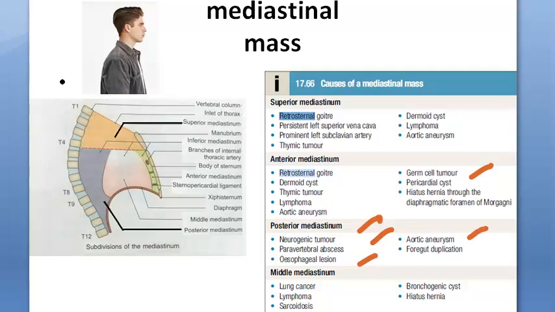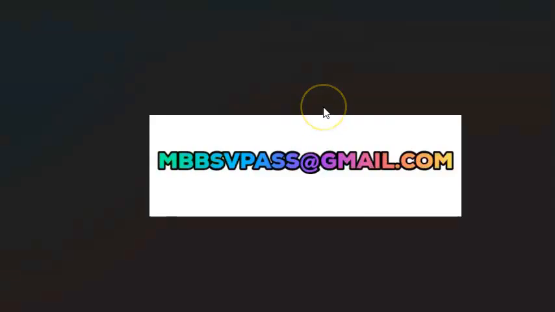Then foregut duplication, some cancerous lesion, sarcoidosis, hiatus hernia, all this. So what did you learn here? All the cysts, masses, tumors, lesions, aneurysms can cause a mediastinal mass, which can cause retrosternal chest pain. But remember what we said? Insidious. Very good. Insidious in onset.